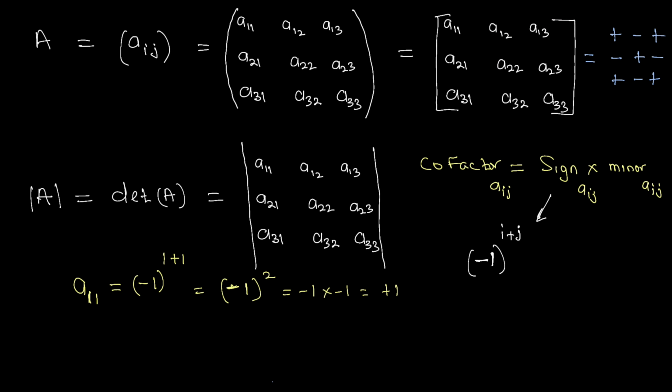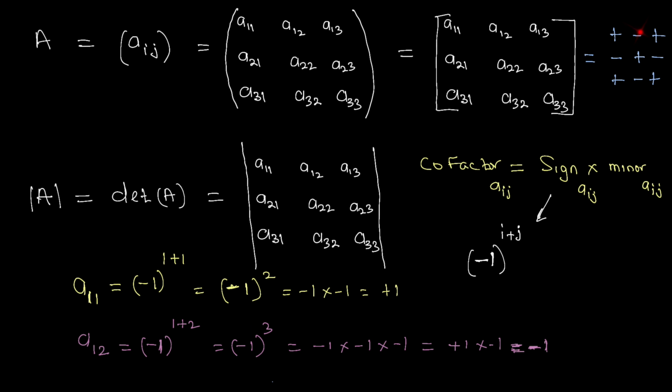So let's see, how do we get that to be minus? Well, if we do A12, so you can see A12 is that, and we expect that to be minus, and it equals -1 to the power of 1 plus 2, that will be -1 to the power 3, that is -1 times -1 times -1, which is plus 1 times -1, which is -1. So that's why that's -1.